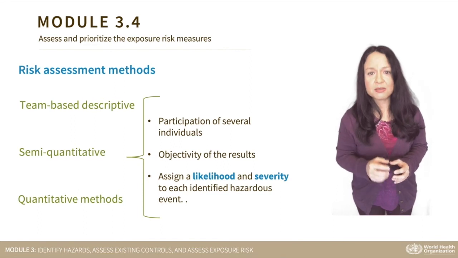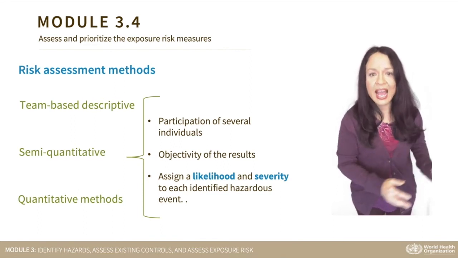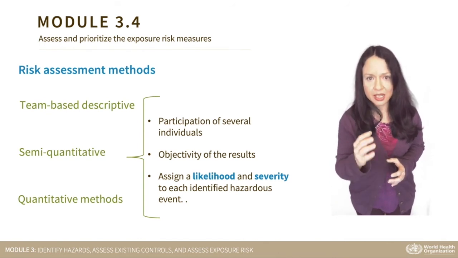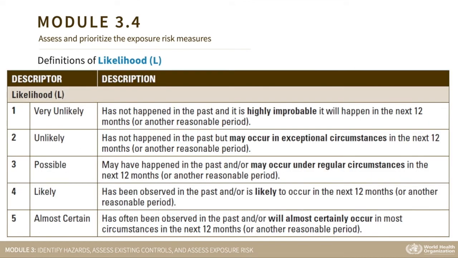This method requires the SSP team to assign a likelihood and severity to each identified hazardous event. Likelihood refers to whether the event is very unlikely, possible, likely, or almost certain.